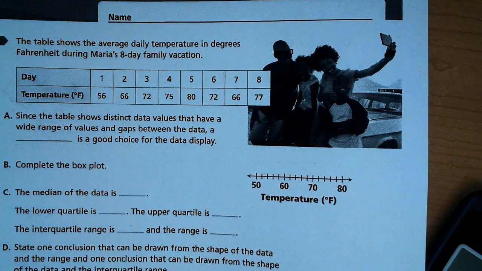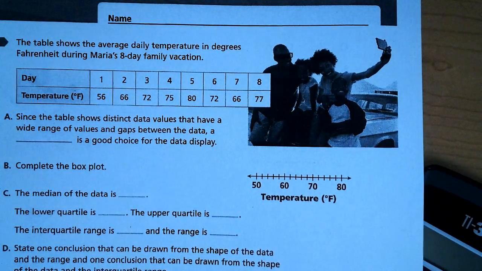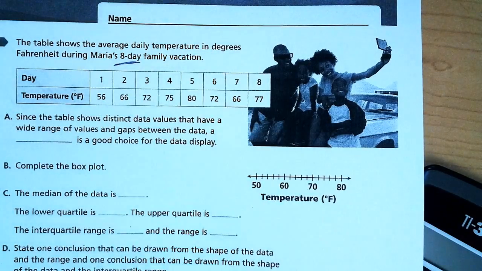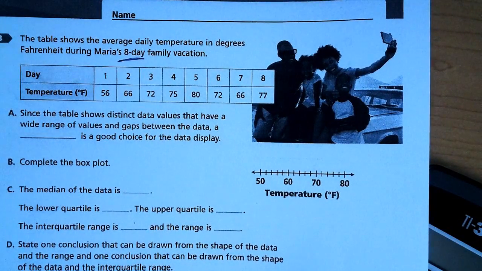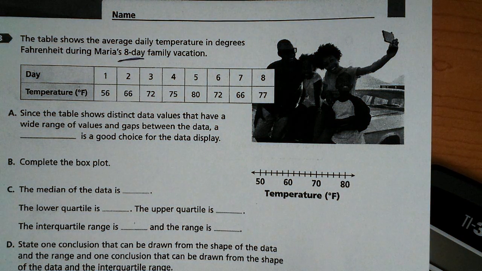The table shows the average daily temperature in degrees Fahrenheit for Martha's 8-day family vacation. Okay, so 8 days. Since the table shows distinct data values that have a wide range of values and gaps between the data, a box plot is a good choice for the data.